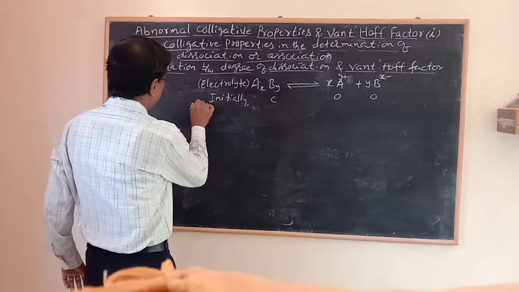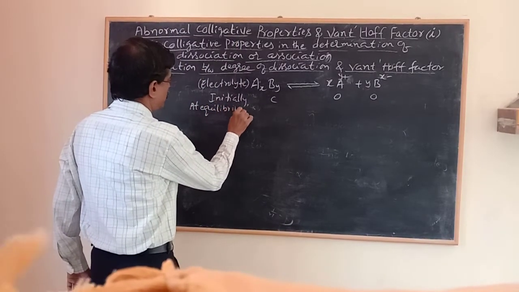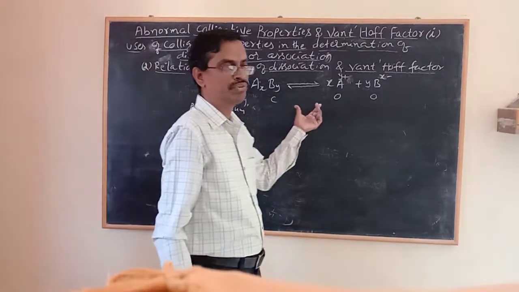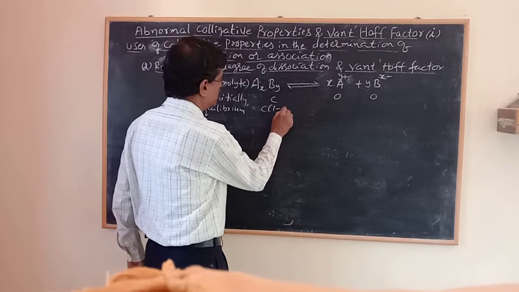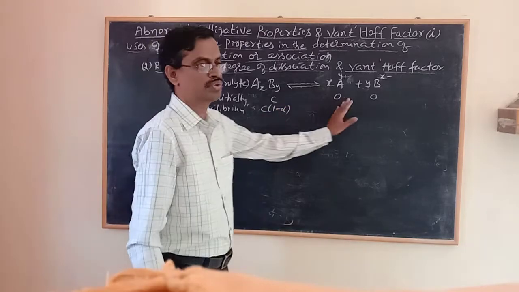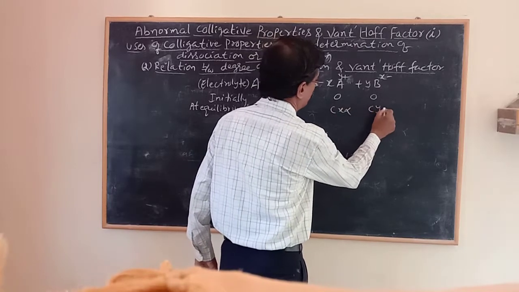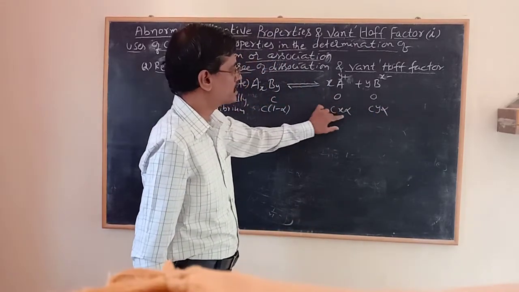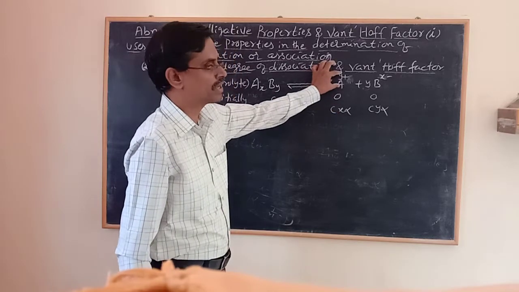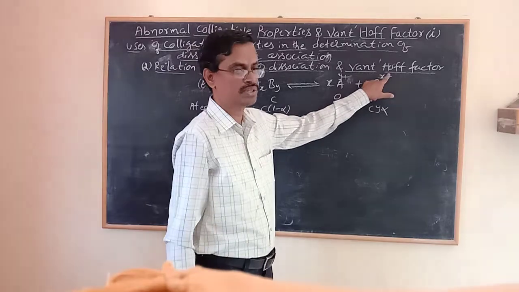At equilibrium, if alpha is the degree of dissociation, the remaining quantity is C into 1 minus alpha. Alpha mole dissociates, so Cx alpha and Cy alpha moles of the ions are formed.